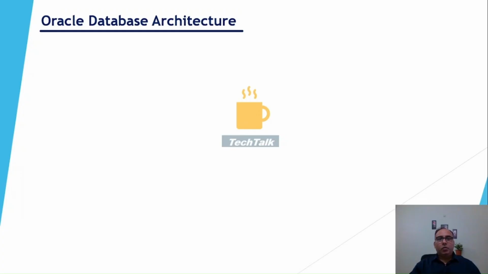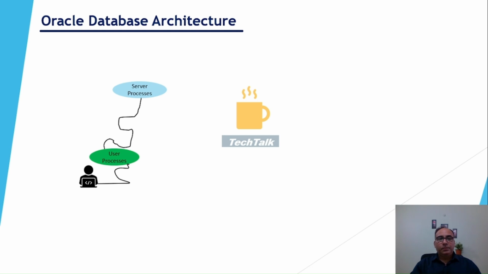So let's talk about Oracle database architecture. As I said, it involves three major components: Oracle database processes, Oracle database instance, and Oracle database files. When a user initiates any sort of request, it goes to server processes.